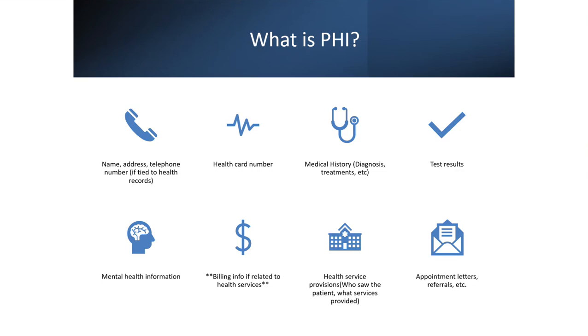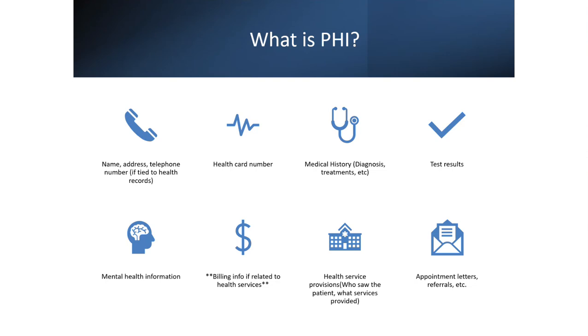PHI is name, address, telephone number, if tied to health records. That doesn't necessarily mean it is a medical history or things like that. A health card number is considered PHI. Test results, PHI. Mental health information is PHI. Even billing info, if it's related to anything to do with health services, is PHI.